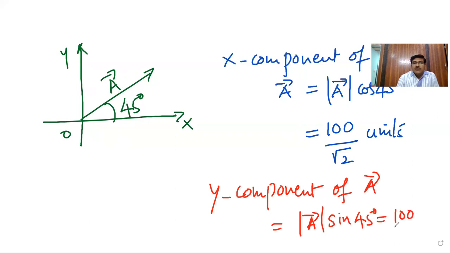So modulus of A is 100, sine 45 is 1 by root 2, so 100 by root 2 units. Both the x component and the y component of A bar are 100 by root 2. Positive. This is positive axis. This is also positive axis. Clear?